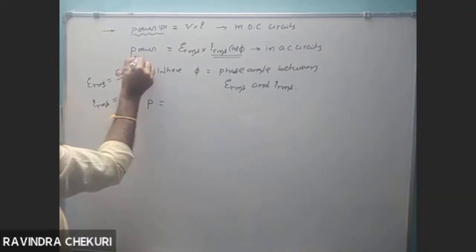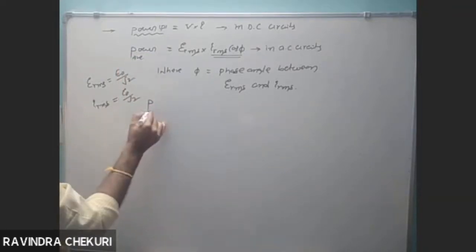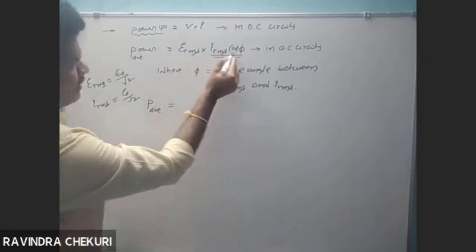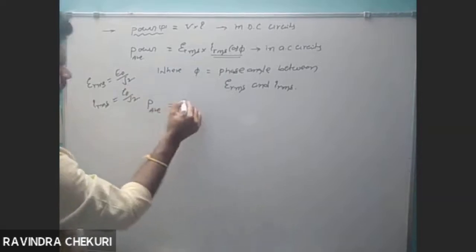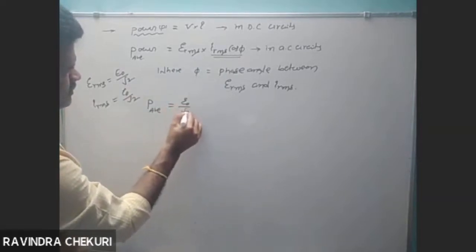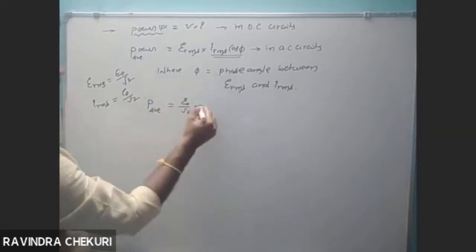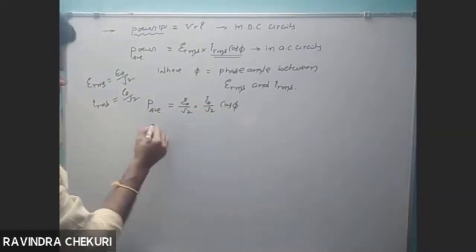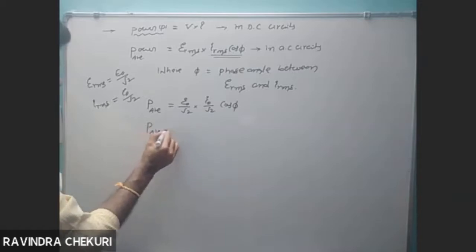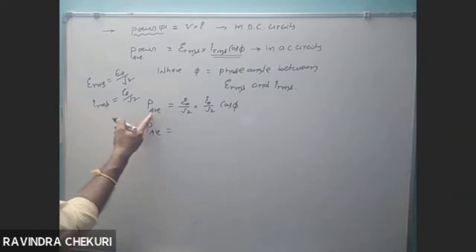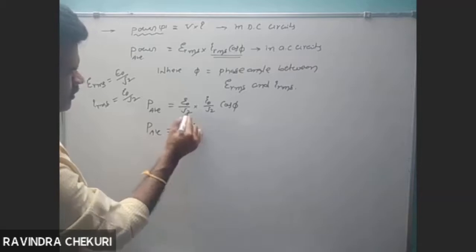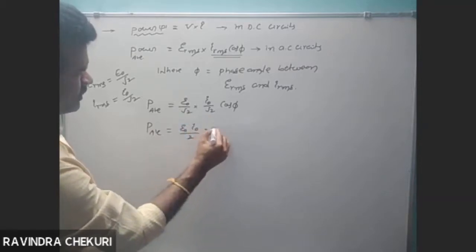The average value of power is equal to ERMS into IRMS cos phi. ERMS is E naught by root 2 and IRMS is I naught by root 2, into cos phi. So the average value of power is E naught into I naught by 2, into cos phi.